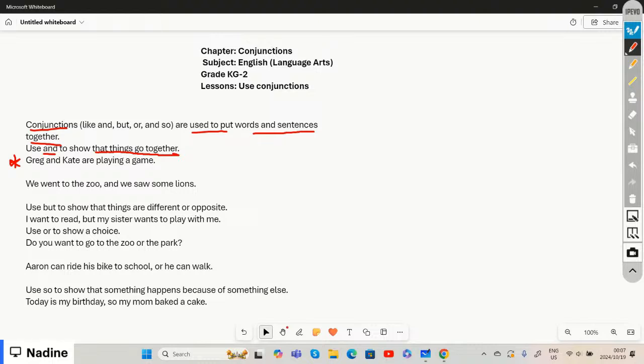Now it says we use but to show that things are different or that things are opposite. We use but to show that things are different and to show that things are opposite.